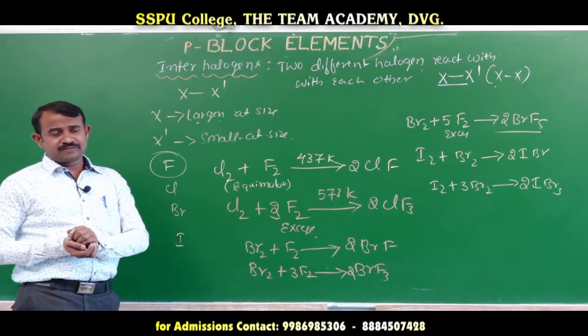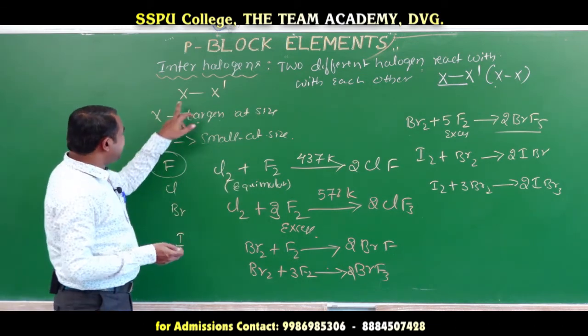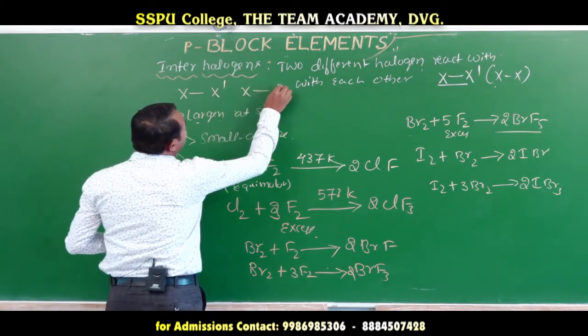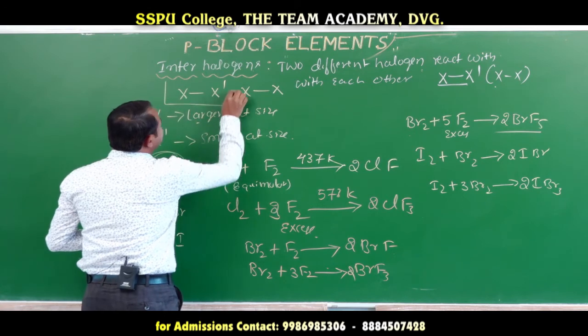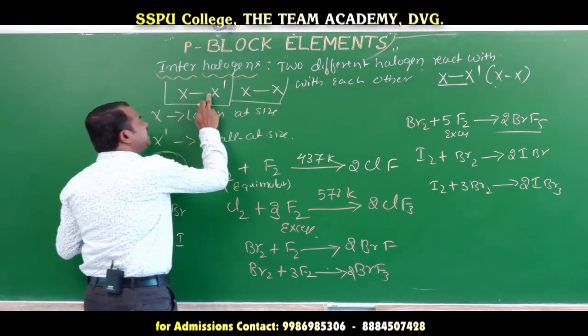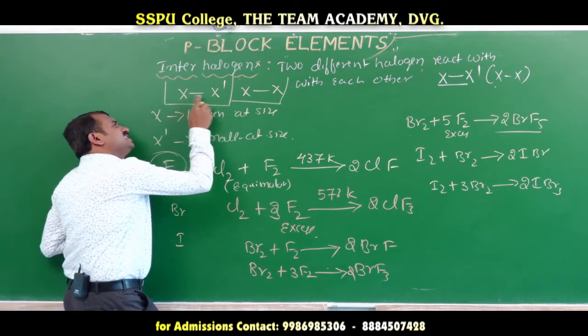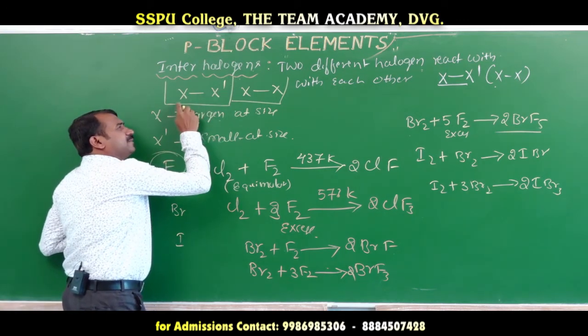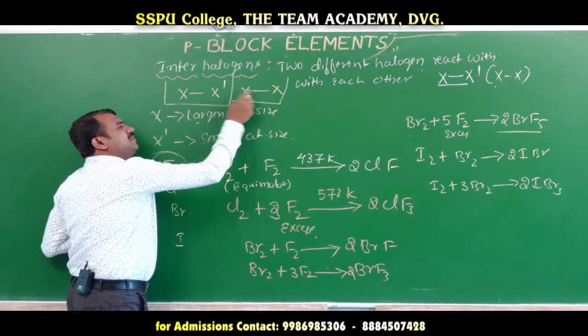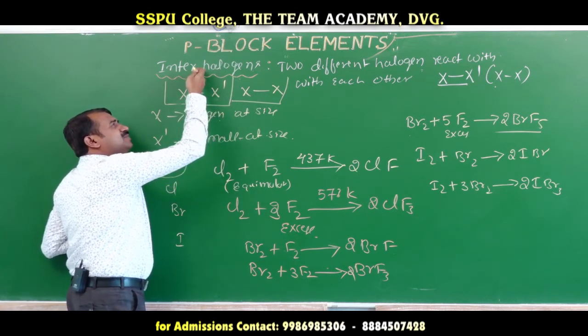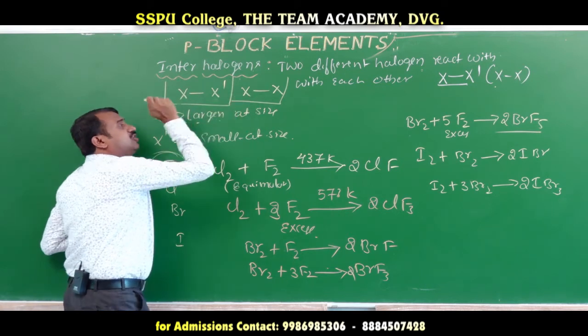A question is raised: why are interhalogens more reactive than halogens? This is a halogen. This is an interhalogen. Interhalogens have different electronegativity, but halogens have the same electronegativity. Here the interhalogen bond breaks easily compared to the halogen.